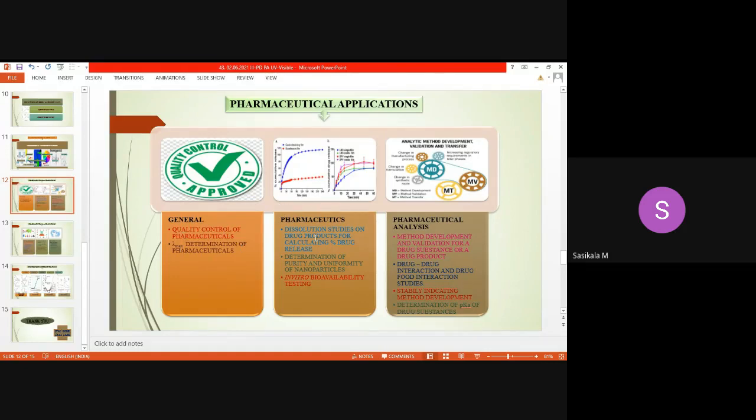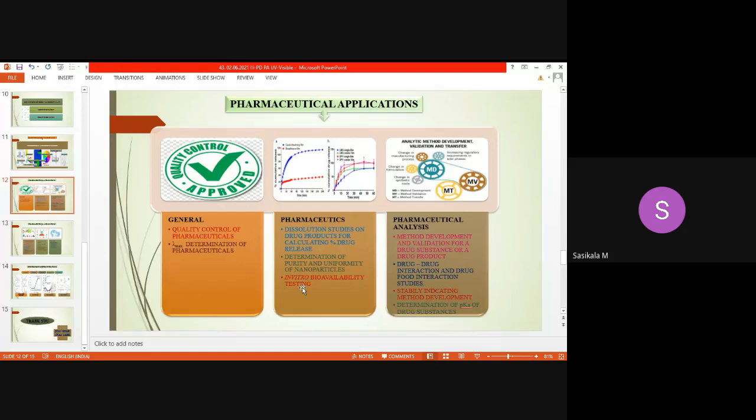In the pharmaceutics department, what purposes will they use it for? They depend on UV visible spectroscopic methods for dissolution studies on drug products, for calculation of percentage drug release. Then determination of purity and uniformity of nanoparticles: if a nano formulation is made, the purity and uniformity are determined by UV visible spectroscopy. Then in vitro bioavailability testing.